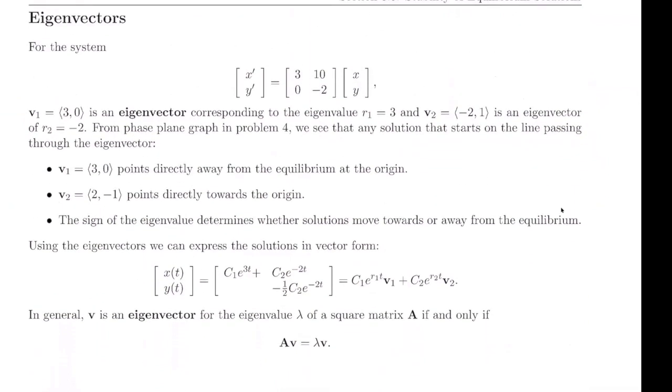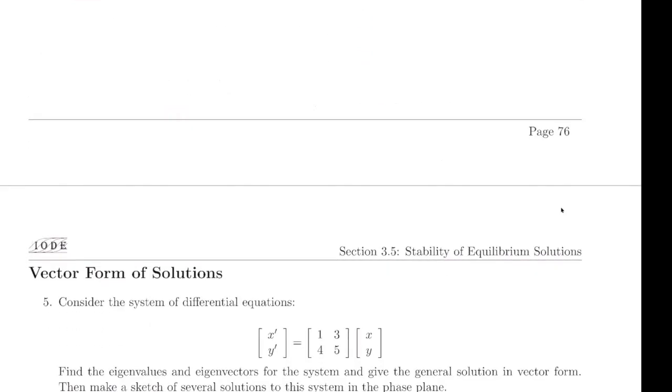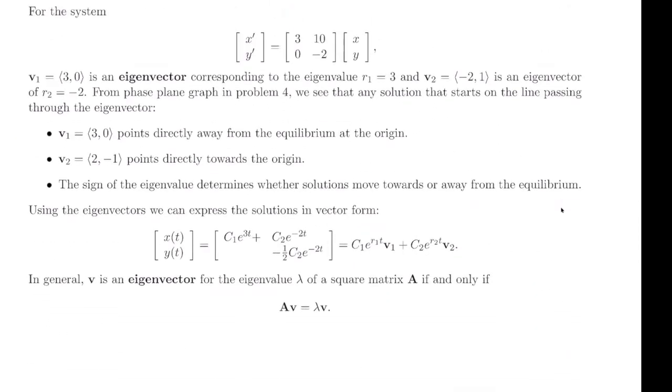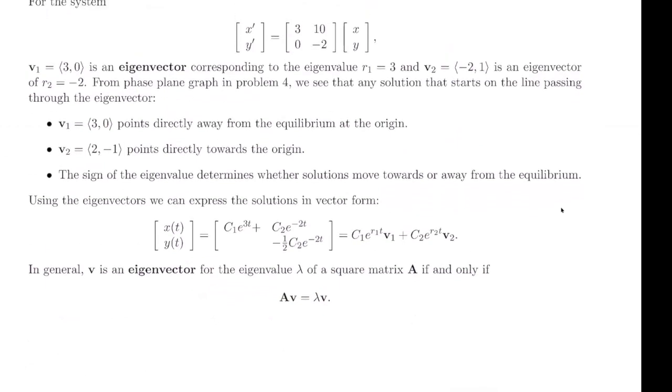These vectors, v1 and v2, we are going to call eigenvectors. Here's the definition of an eigenvector associated to a certain eigenvalue. Let me illustrate how we can identify these two special directions, since we probably are not going to come up with them off the top of our head.